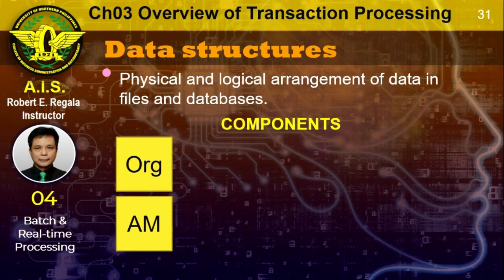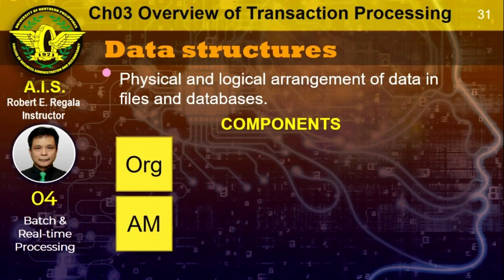Organization refers to the way records are physically arranged on the secondary storage device, for example, a disk. Secondary, because the primary storage device is the memory, which is any one of the following: the read-only memory or ROM, the random access memory or RAM, the flash memory, or the cache memory.